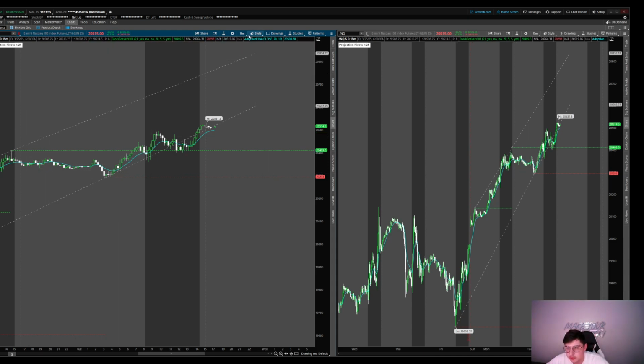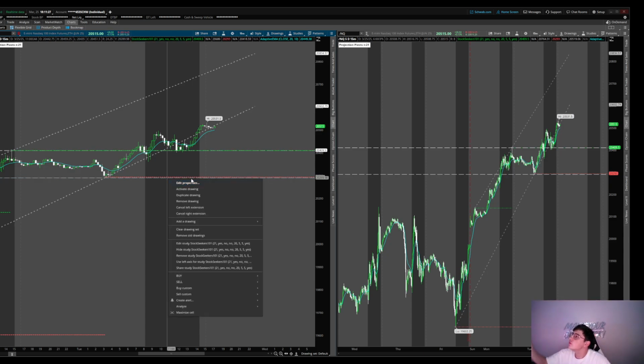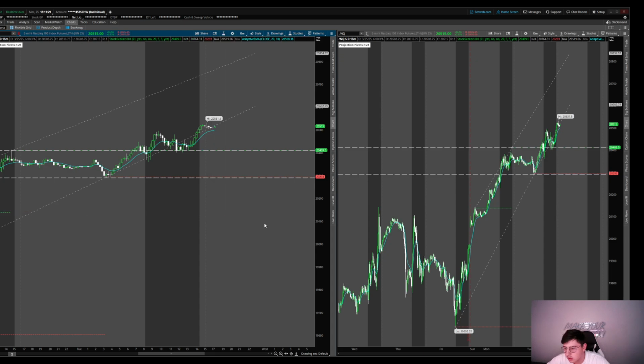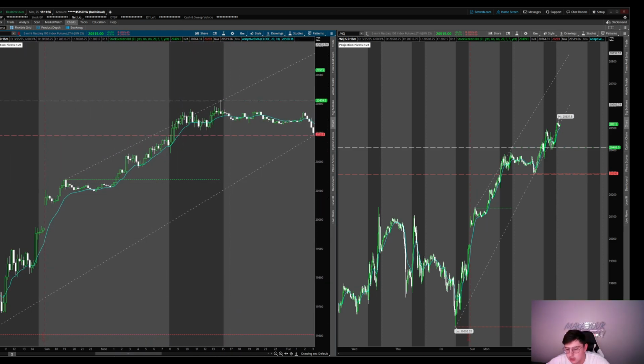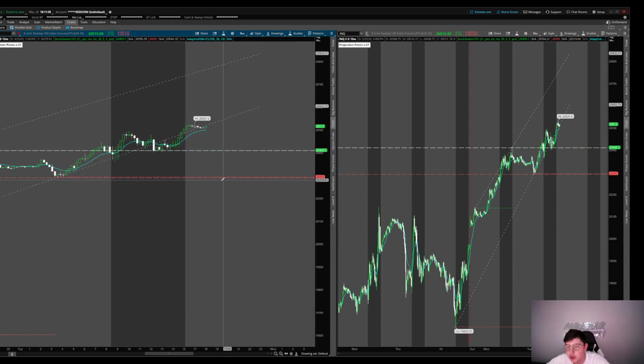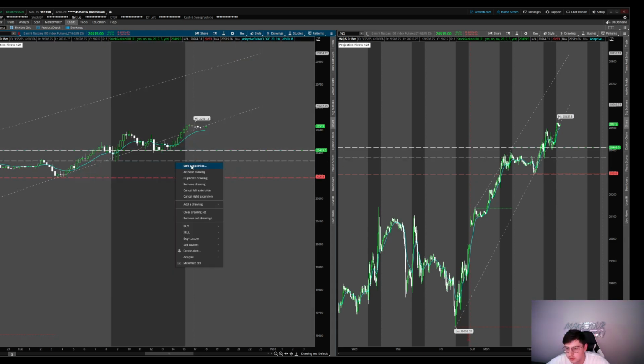When would you short? I'm going to give you 3 options. Let me get my lines up here. I'm going to make them colors. One would be the white, or red, or, to make it even more confusing, pink.